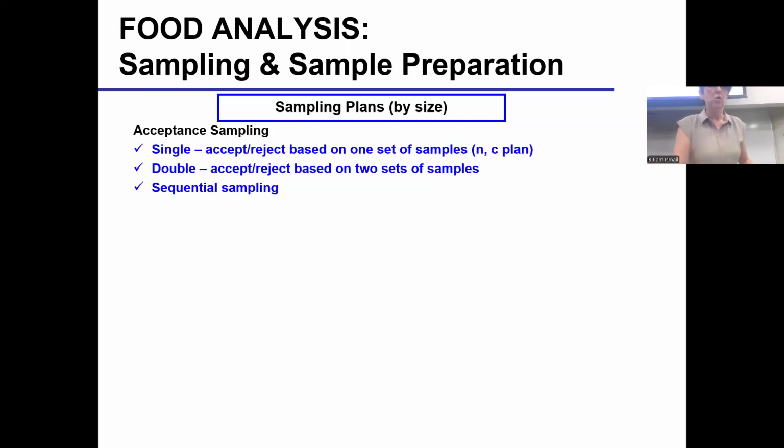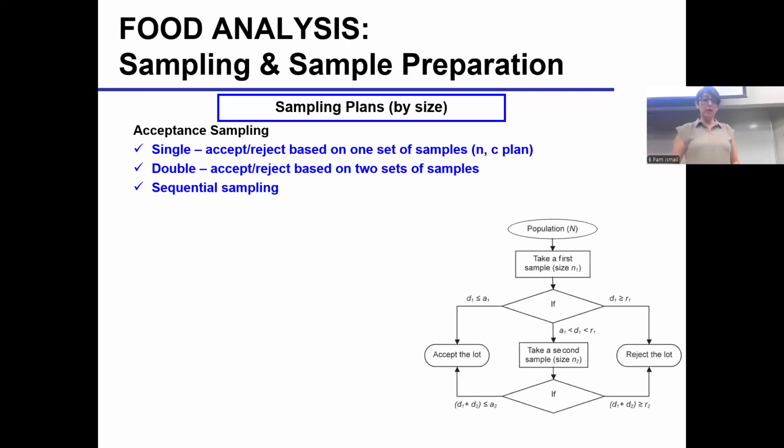Okay. So sampling plan by, if you're doing acceptance sampling, so let's say you are measuring certain quality characteristics, and then you have a certain set of samples that you are testing, and you're allowed to have 5 defects, let's say, or 5 to 10 defects are acceptable. Below 5, you accept. Above 5, you reject, for example.